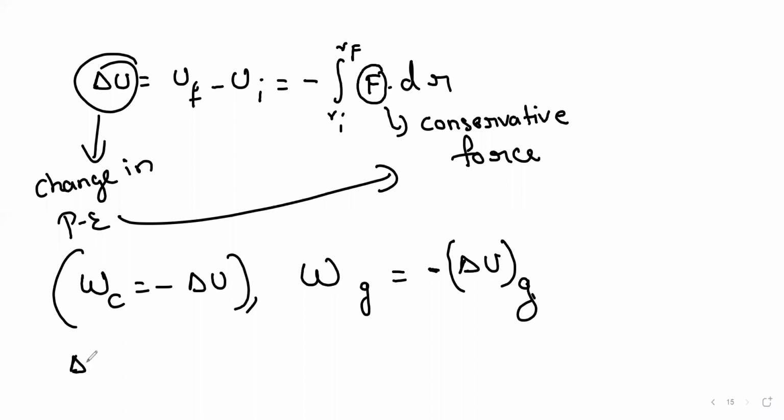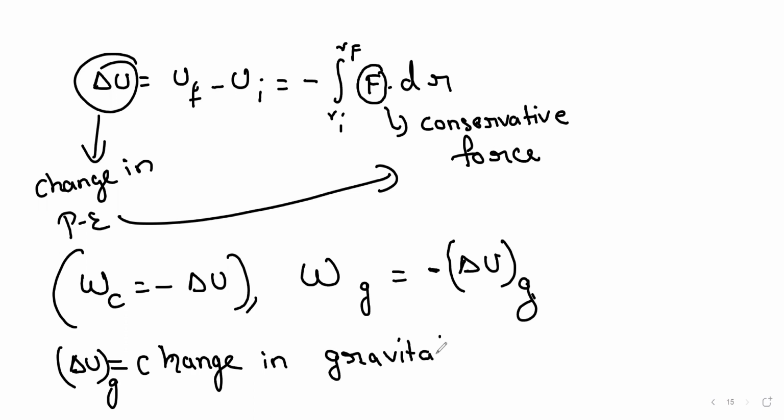Delta U is the change in gravitational potential energy.